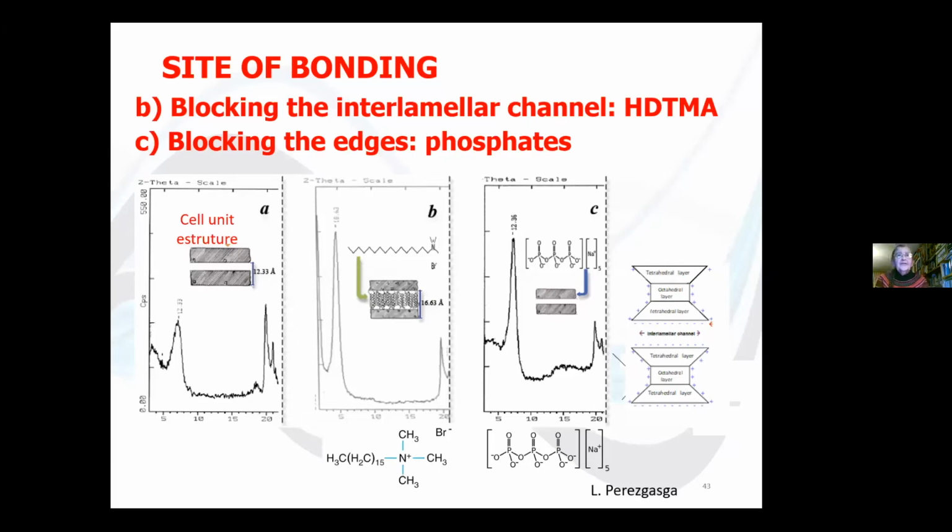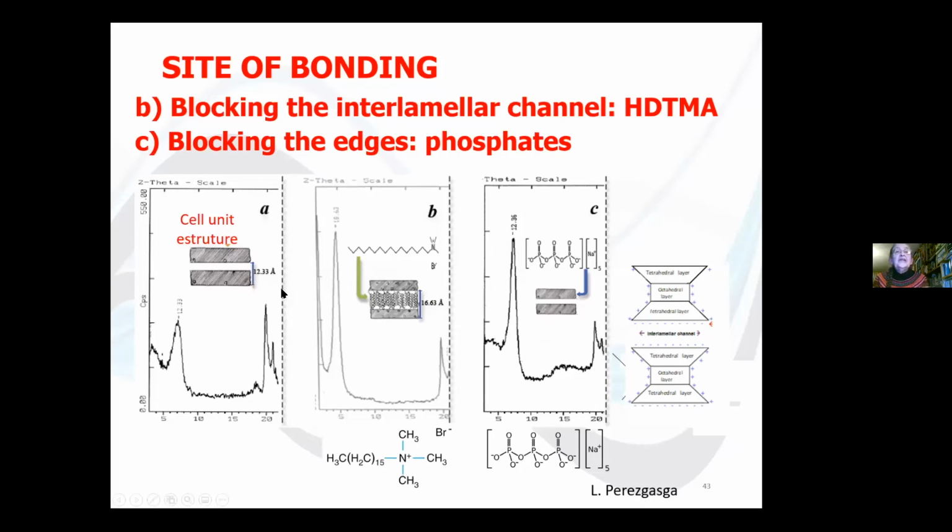So these are three X-ray patterns. This is the untreated clay, in which this distance corresponds to this angle, that is the unit cell structure.